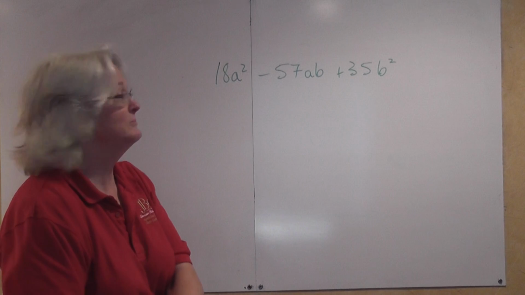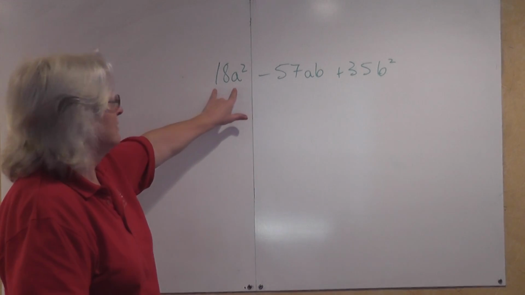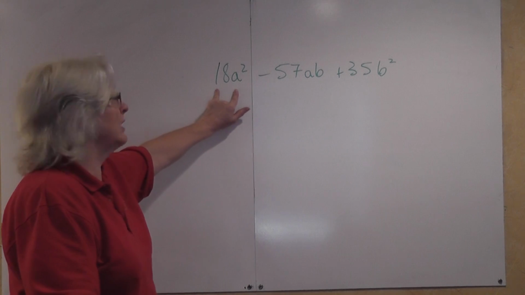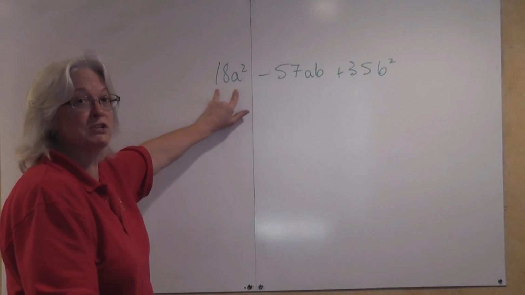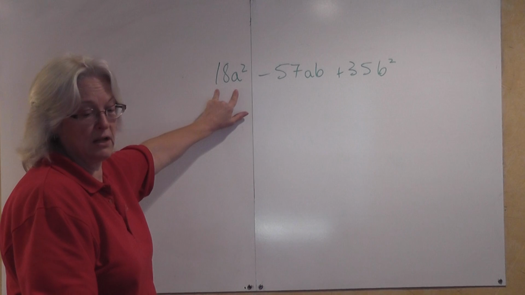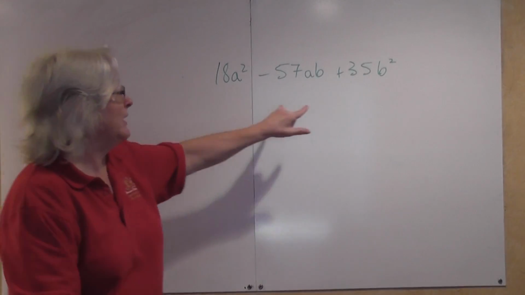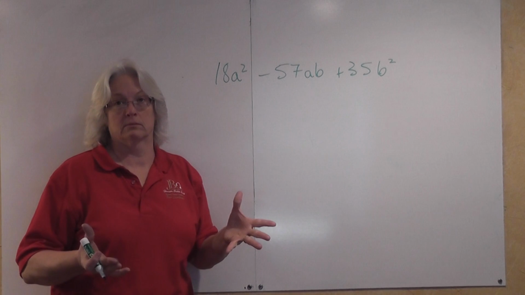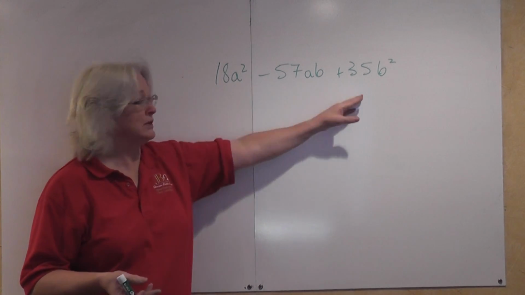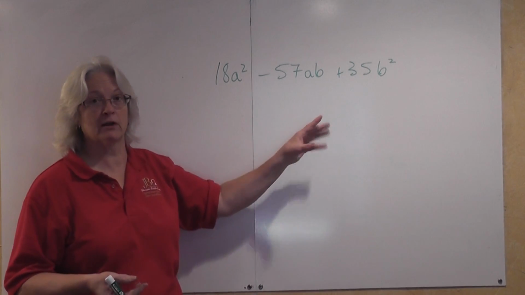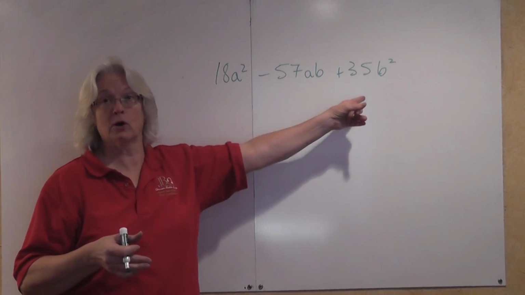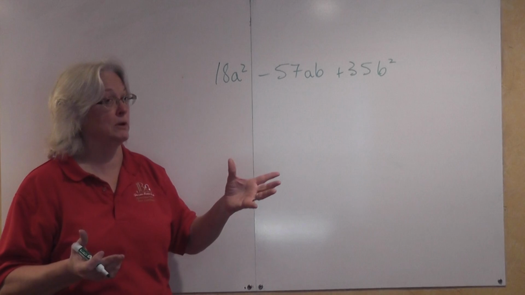How ugly! 18 does not have a common factor of 5, cannot be factored by 5 or 7. So what is this telling you? That you have a bunch of options. I just said, don't immediately start trying to factor, look for a common factor. It's exactly what you need to do. Usually when you have larger numbers like this, it's what's going to happen.